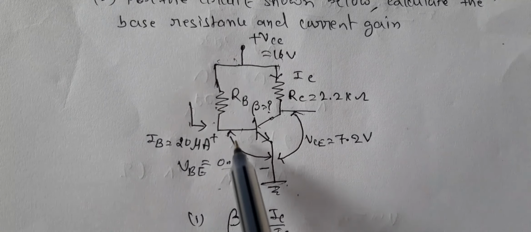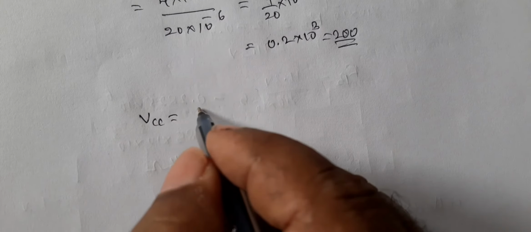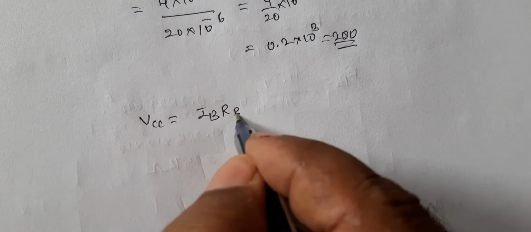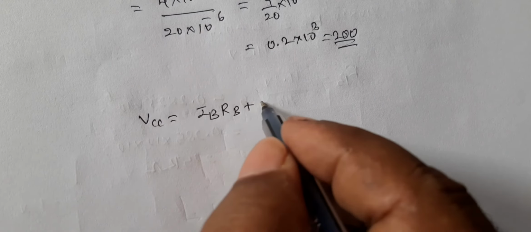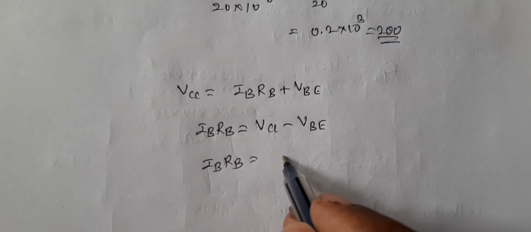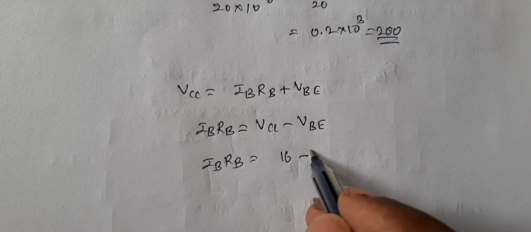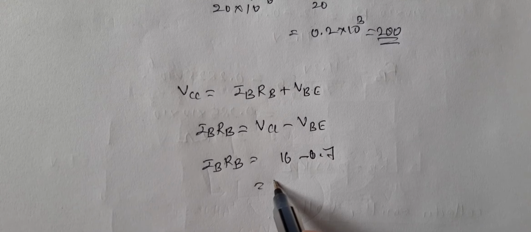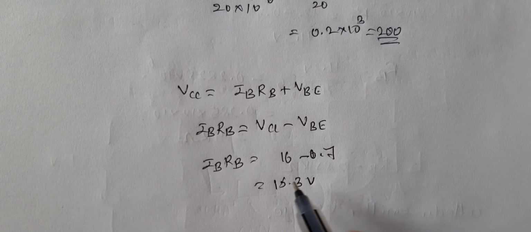Therefore, VCC is equal to IBRB plus VBE, or IBRB is equal to VCC minus VBE. So IB into RB equals VCC, 16, minus VBE, 0.7. That is equal to 15.3 volts.